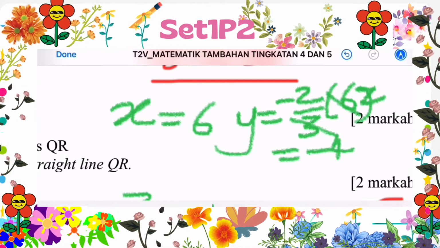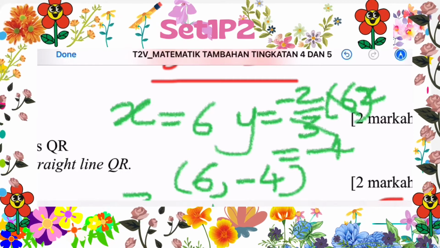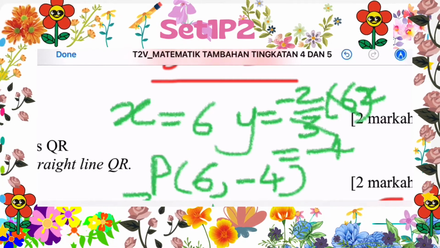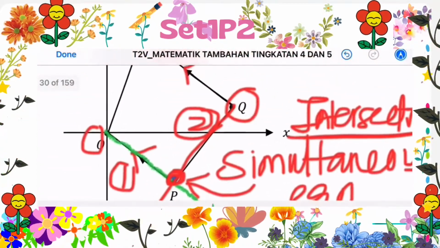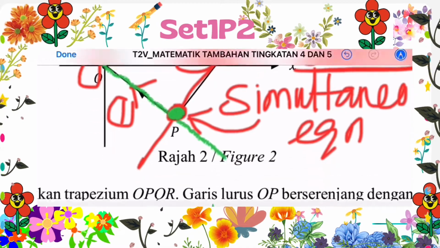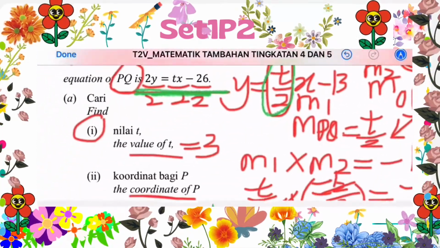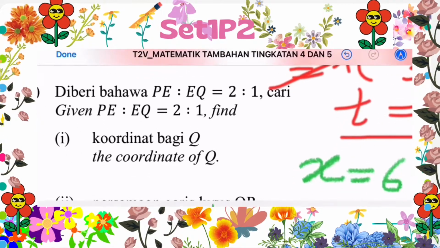So that means the point of intersection is at (6, negative 4). Alright, so that is the point P. Okay, we have solved the point of intersection. Remember what I say, intersection means simultaneous. Solve the simultaneous equations to find the intersection point.